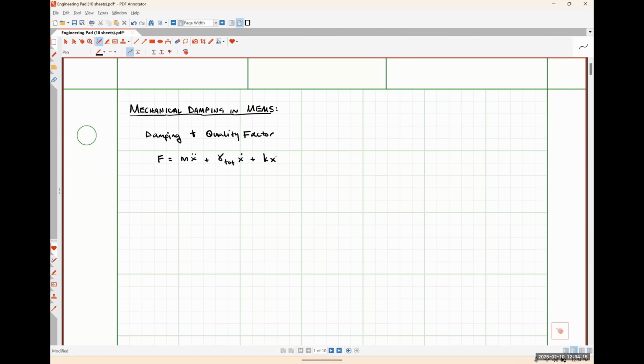This is a relationship that you guys should have seen in the lecture related to accelerometers. And in this case, this coefficient gamma here is the total damping coefficient for the system.